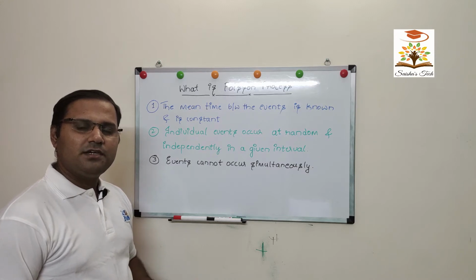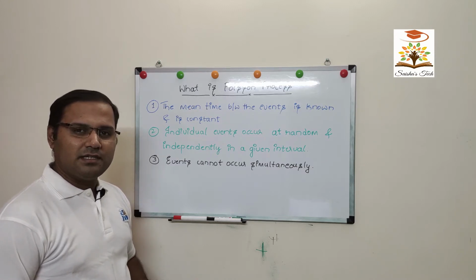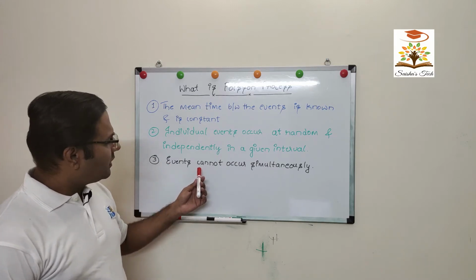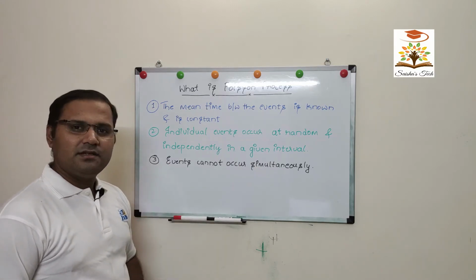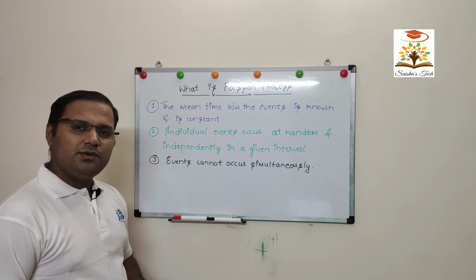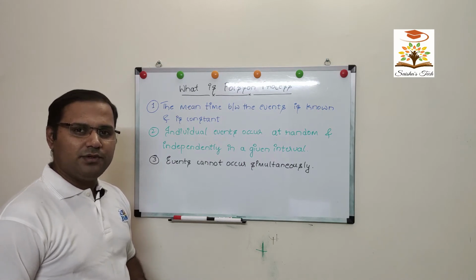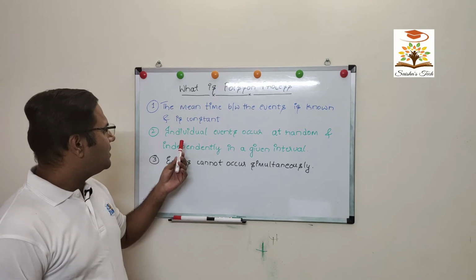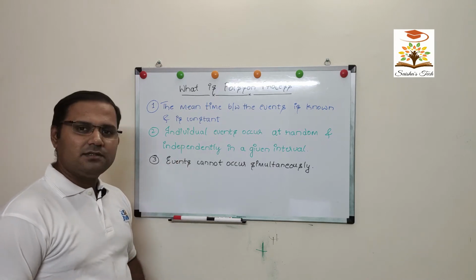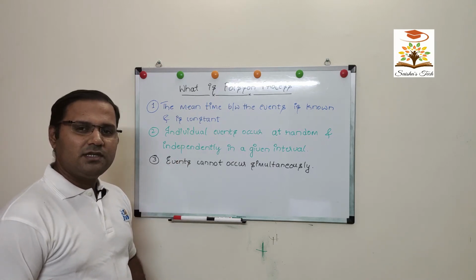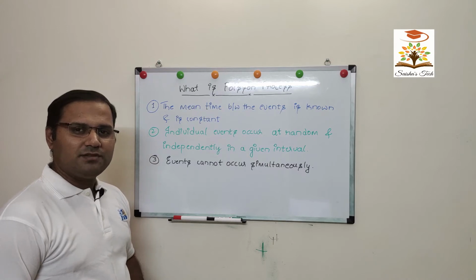There is no dependency of one event on the other event. They are independent. Events cannot occur simultaneously. There is a small duration difference between the two events. As we can see, there are some common factors between Poisson's distribution and exponential distribution.